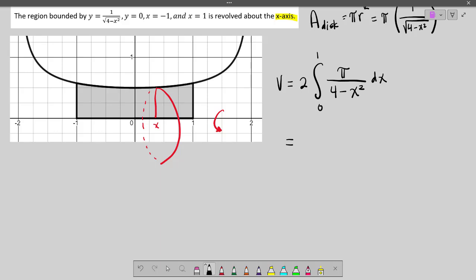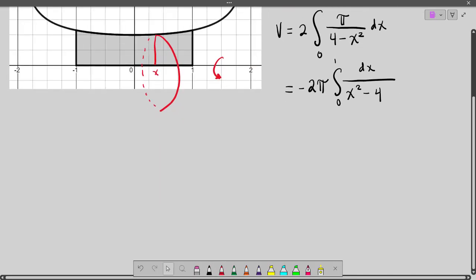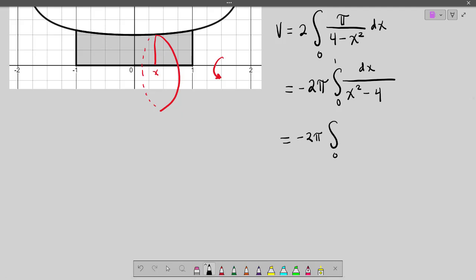So what I'm going to do is factor out the negative sign from the bottom and the pi from the top. Factoring out the negative sign from the bottom, we'll put it in descending order. That's way easier to deal with. So we're going to have negative 2 pi, and our factorization, difference of squares. So I'll have that.